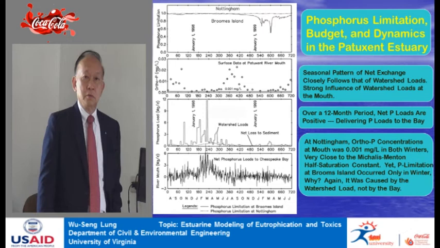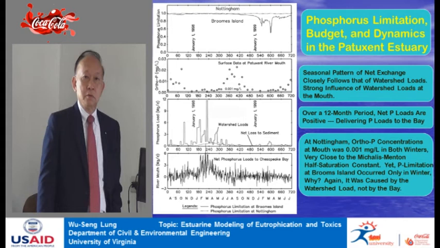Seasonal pattern of net exchange closely follows that of phosphorus load. See, you have a 0 line here. 0 means net is 0. Positive means there's phosphorus going into the bay. But this is dynamic, over a 2-year span. Negative value means we got phosphorus coming in from the bay. All this can be calculated from this verified model.